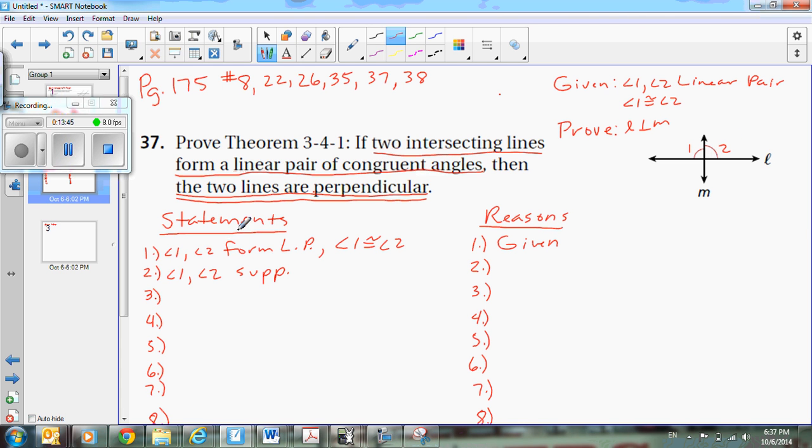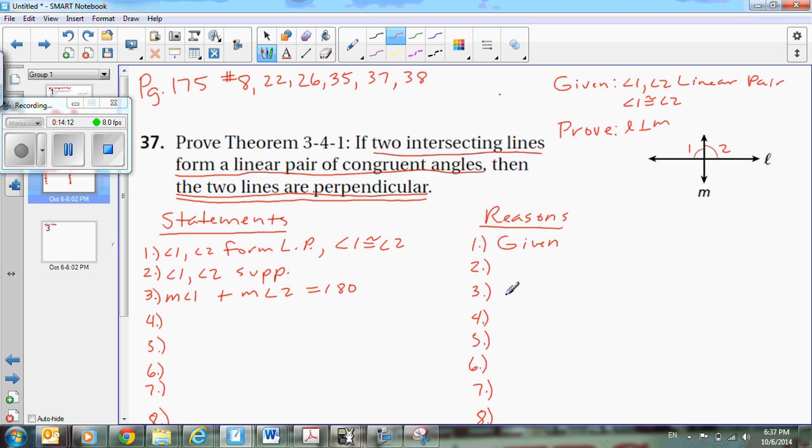Okay, if I know that they are supplementary, then in step 3, I'm going to say that the measure of angle 1 plus the measure of angle 2 is 180 degrees. Again, I'm going to leave it up to you to come up with that reason. Okay, if I said that angles 1 and 2 are supplementary, why can I say their measures add up to 180? You go back and find that reason.